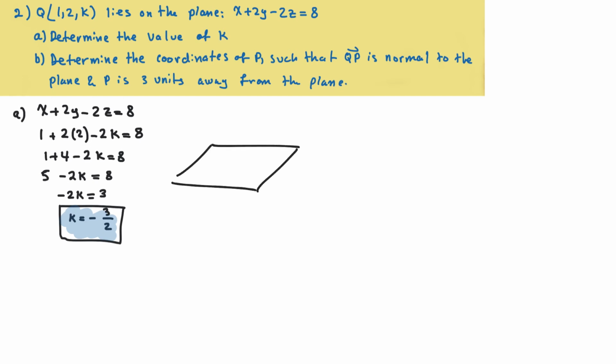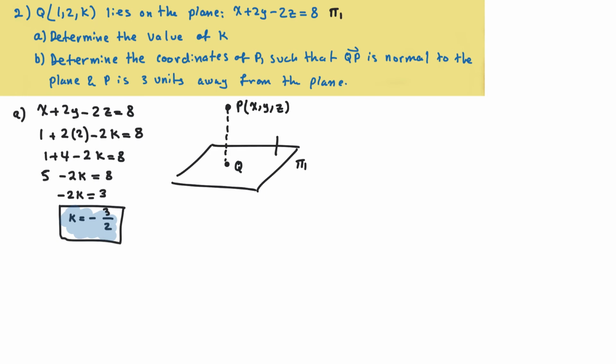Let's say this is our plane pi 1. And basically we are going to have a point Q on it, and we already have the coordinates to that one. And we are going to have point P here. We don't know its coordinates, we are trying to find that one, but we know that it's 3 units away from point Q.